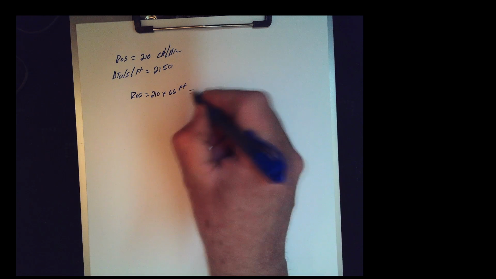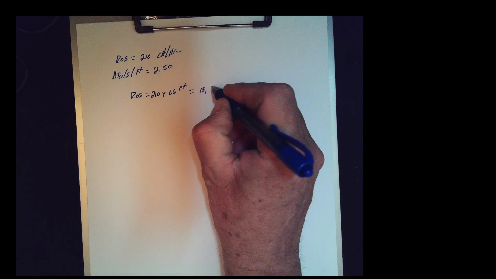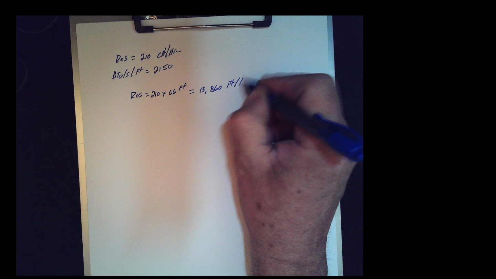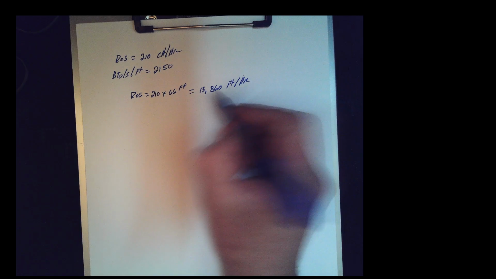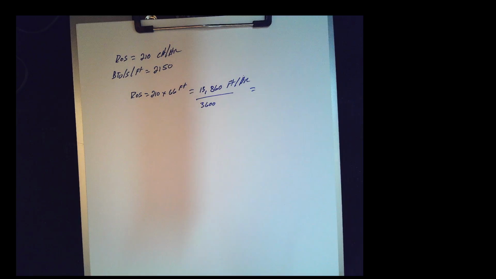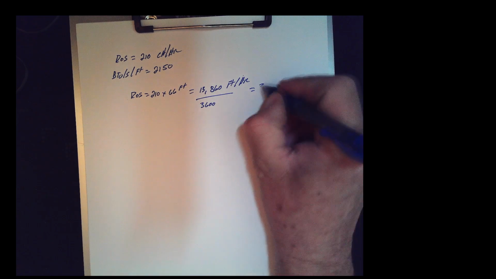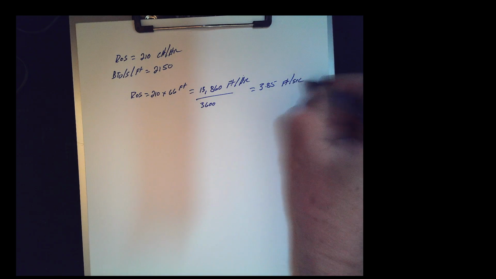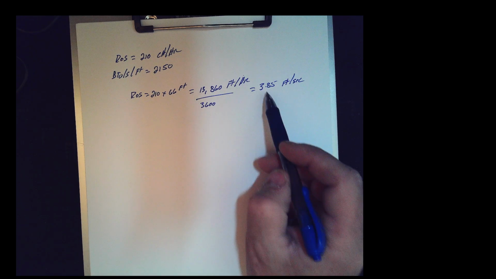So 210 times 66 equals 13,860 feet per hour. And then if you divide that by 3,600, it will equal 3.85 feet per second. So that is the rate of spread in feet per second.